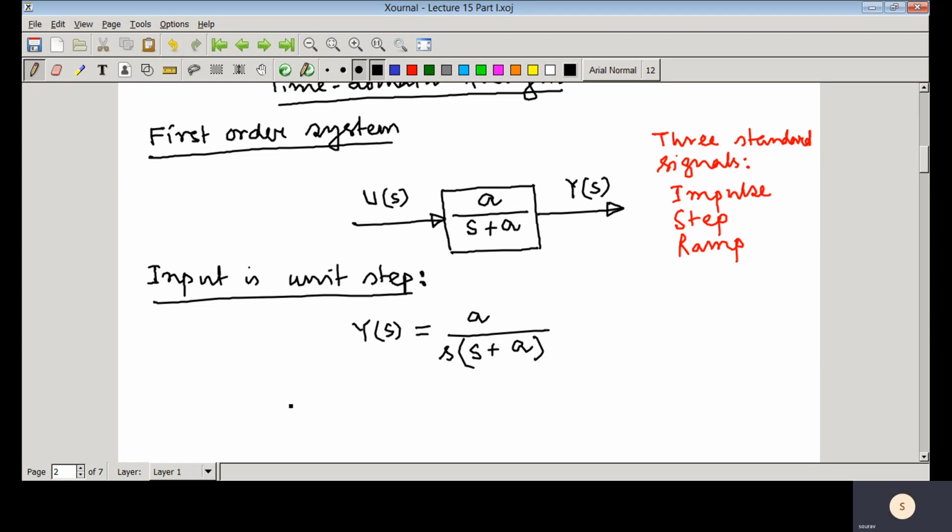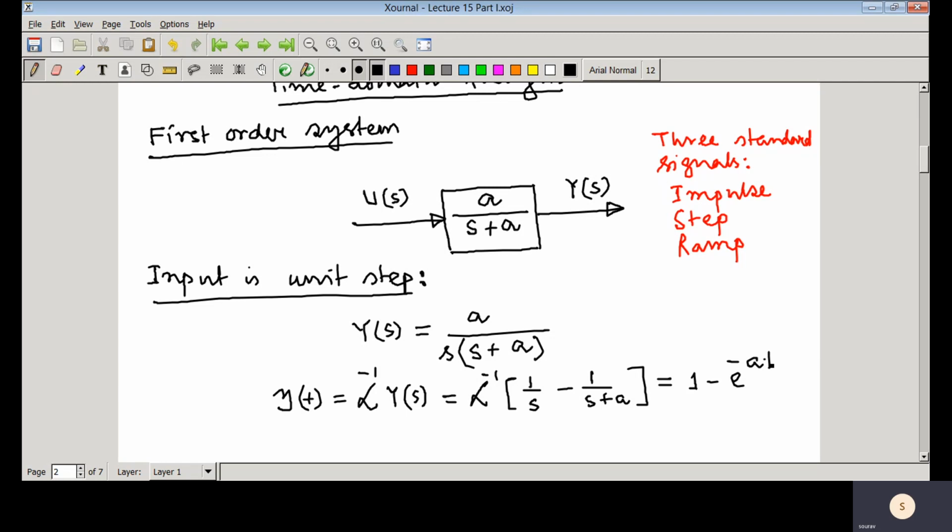And what is y(t)? y(t) is the Laplace inverse of Y(s). So then you would have the Laplace inverse of 1 by s into a by s plus a. So then you get 1 minus e to the power minus at.